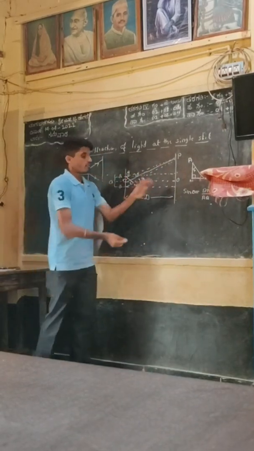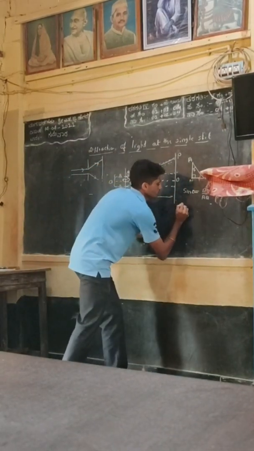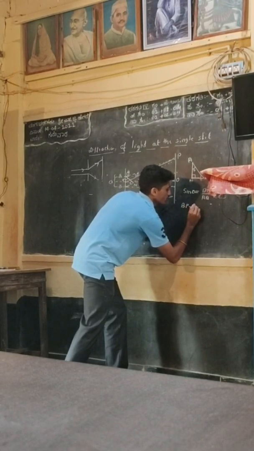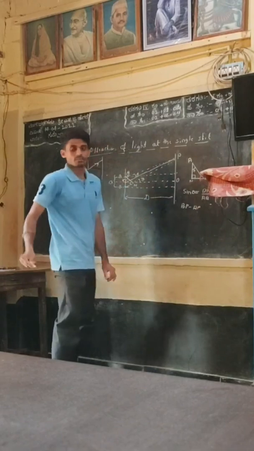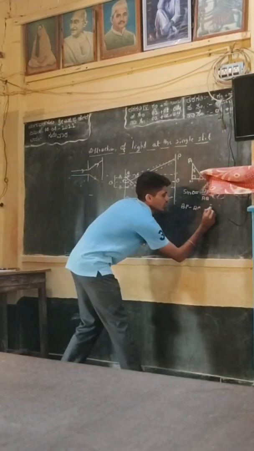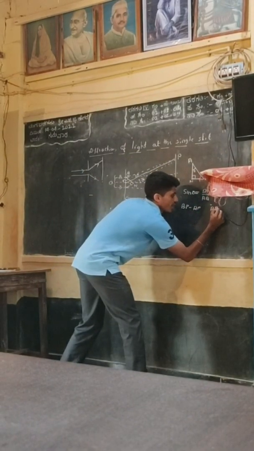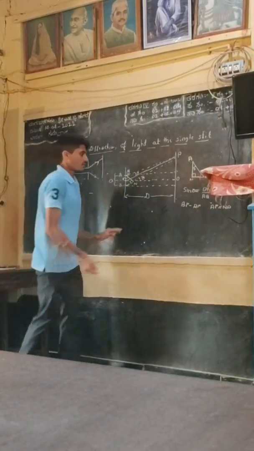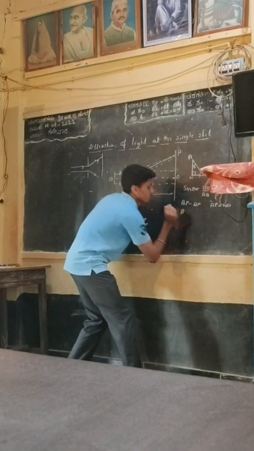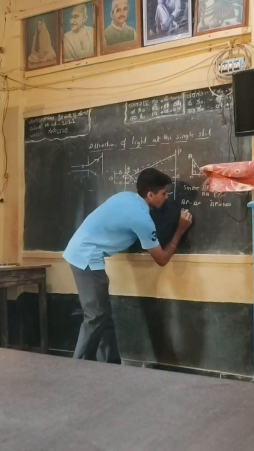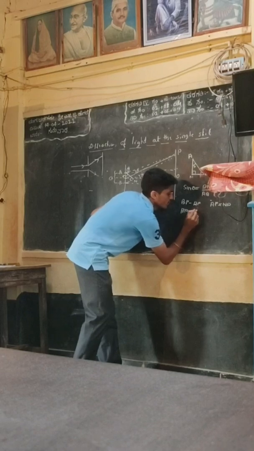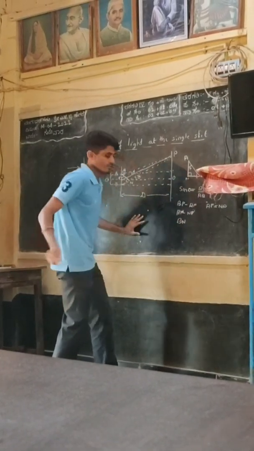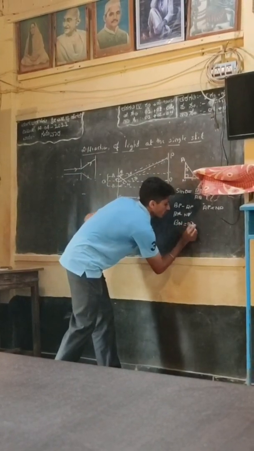Then what do you mean by BN? Here we can take BN as BP minus AP. Then AP can be approximately equal to NP, where BP minus NP, the P gets cancelled and BN becomes the path difference.